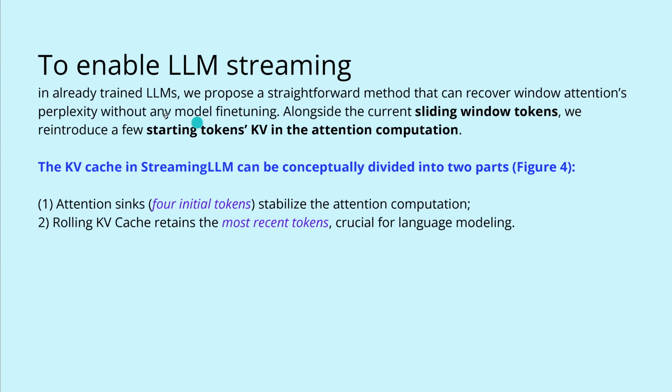Short summary. To enable LLM streaming in this model, we now have a combination of the sliding window tokens and the start tokens in the attention computation. So let me make it absolutely clear.